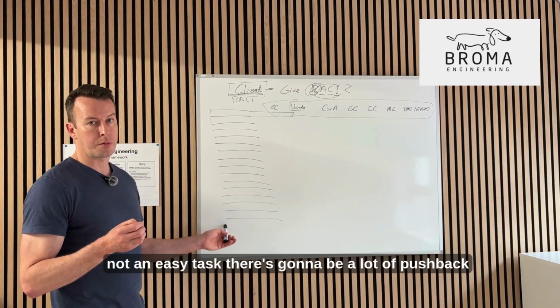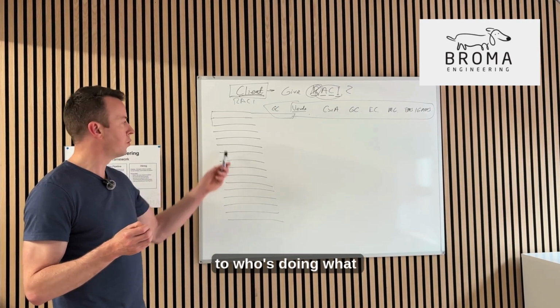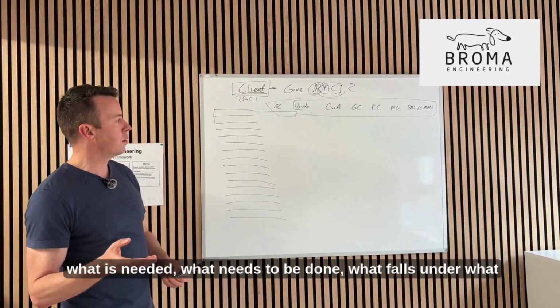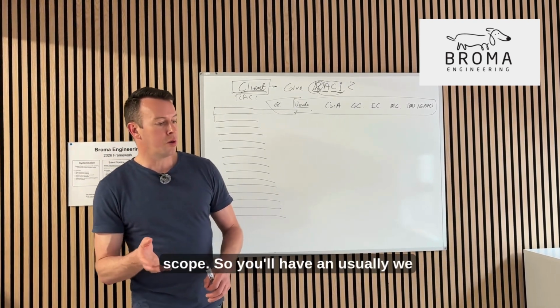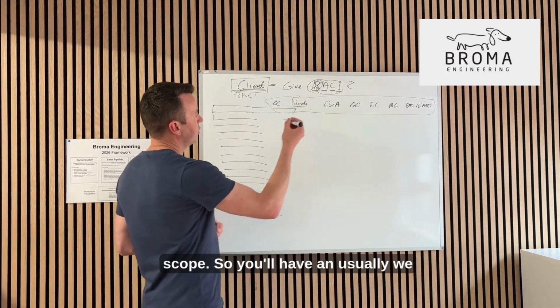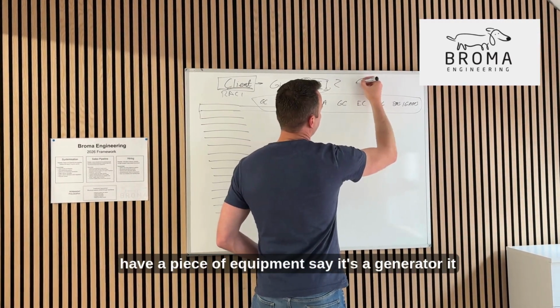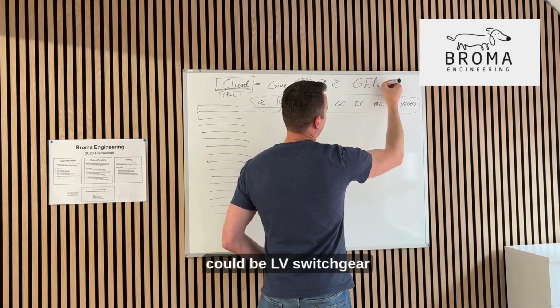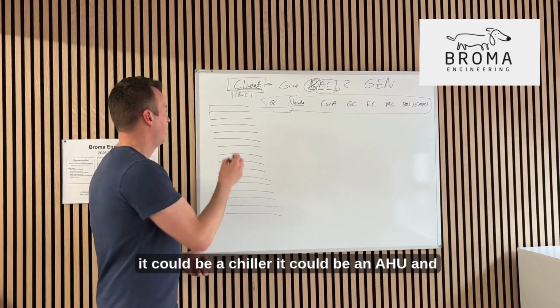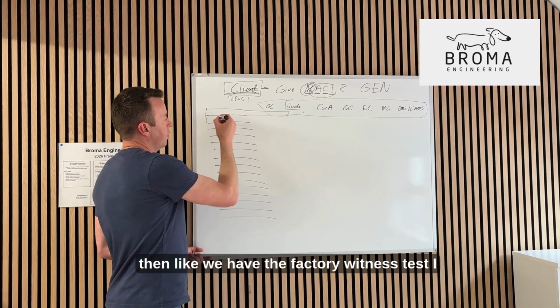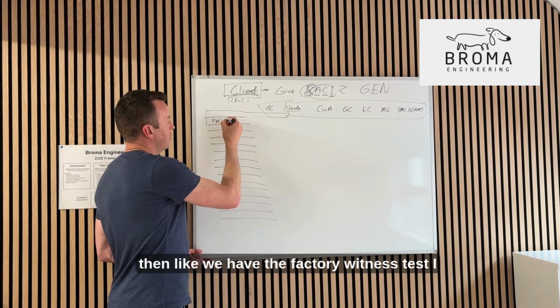There's going to be a lot of pushback on who's doing what needs to be done, what falls under what scope. So usually we have a piece of equipment, say it's a generator, it could be LV switchgear, it could be a chiller, it could be an AHU, and then we have the factory witness test.